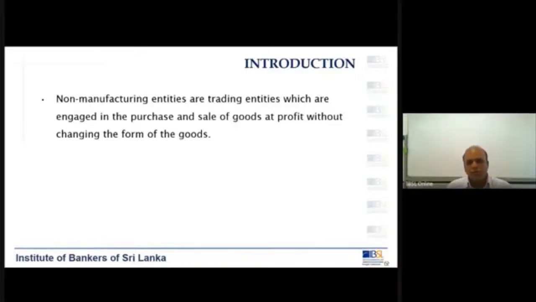We have been looking at various kinds of business entities, and among those we looked at manufacturing entities and non-manufacturing entities. Manufacturing entities are where an entity manufactures the products that it intends to sell, producing those goods within its warehouse using raw material and making them available for the public to consume.